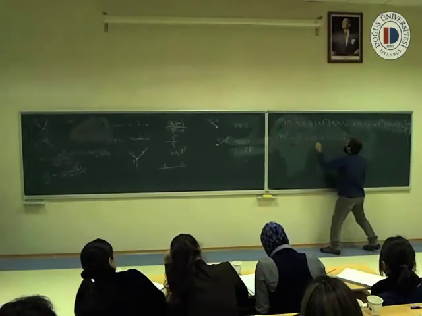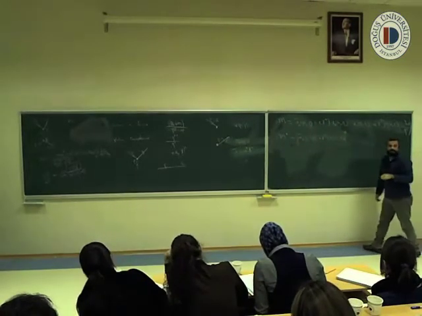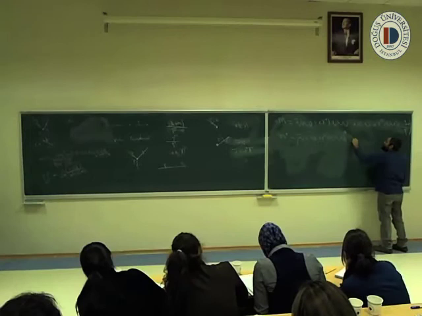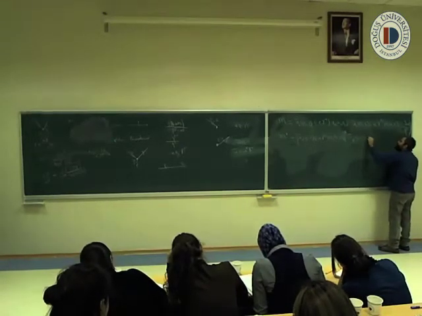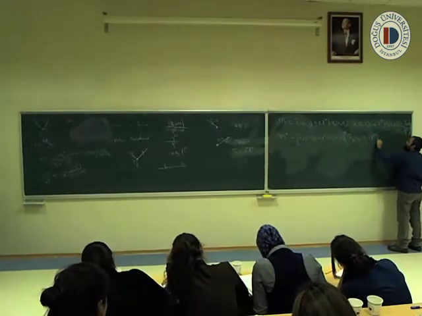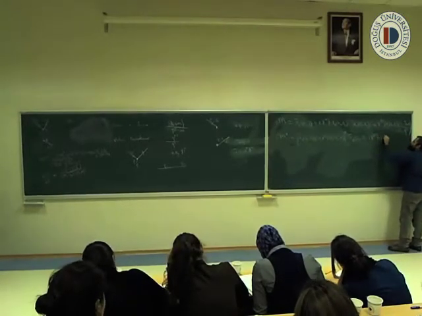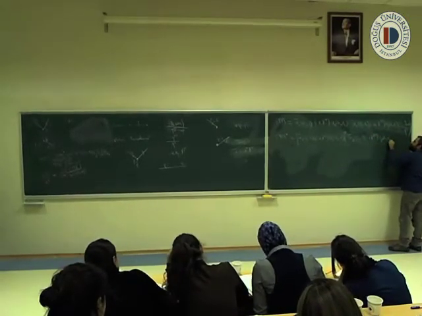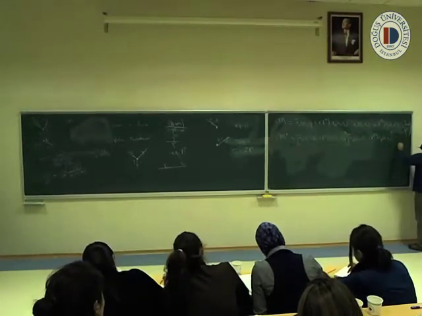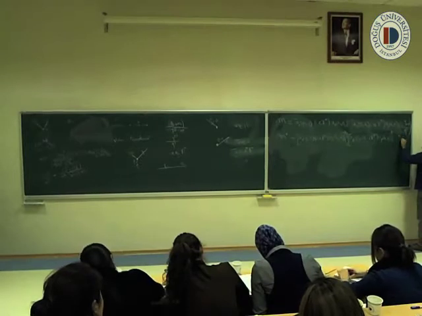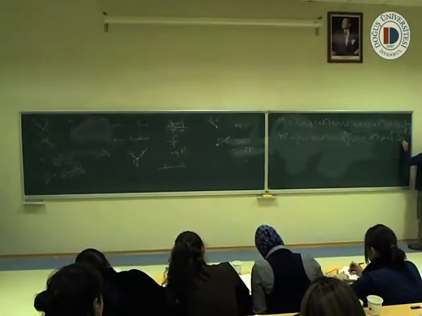This whole thing complex conjugated, and we have the complex conjugate of the other one, with alpha beta divided by Q squared.